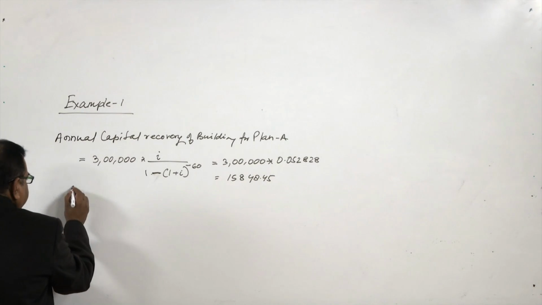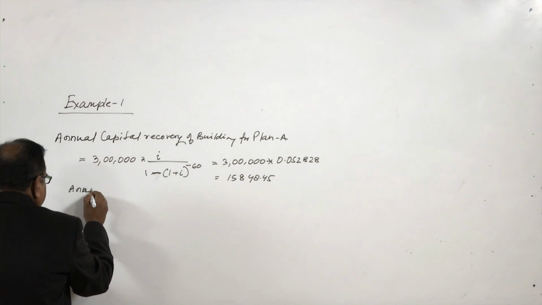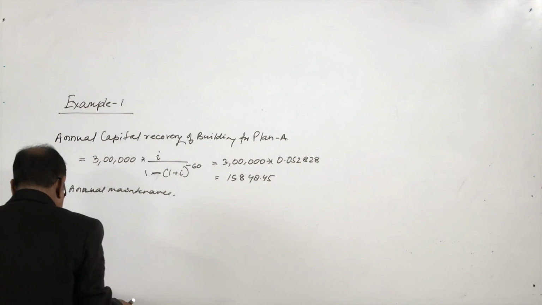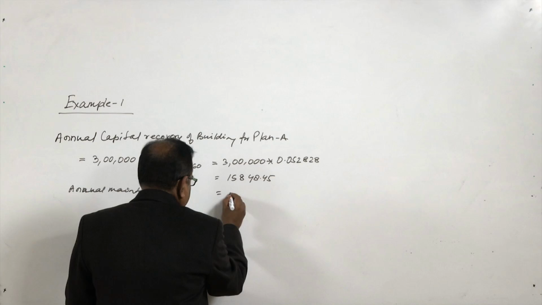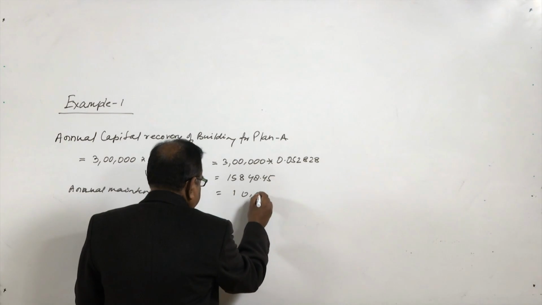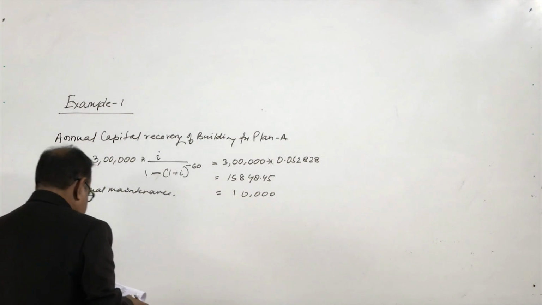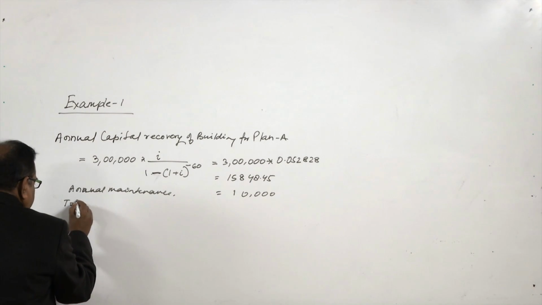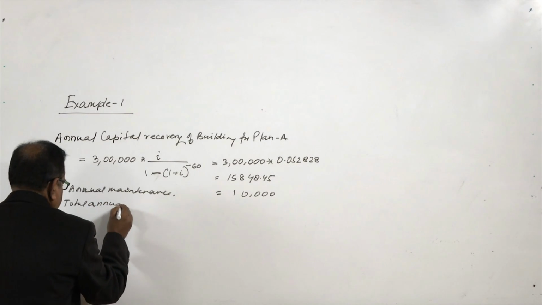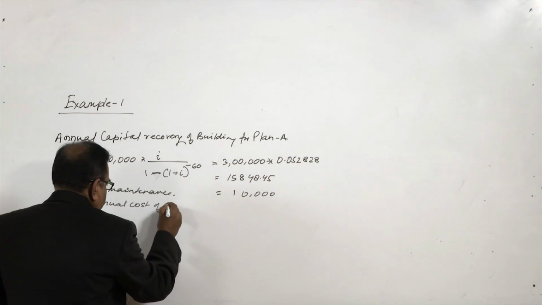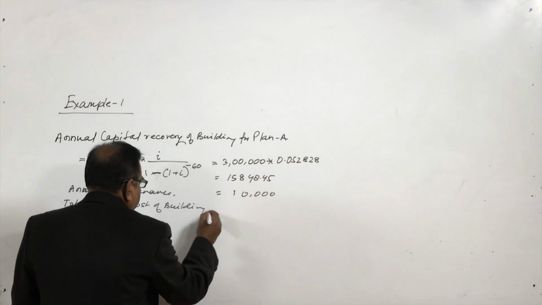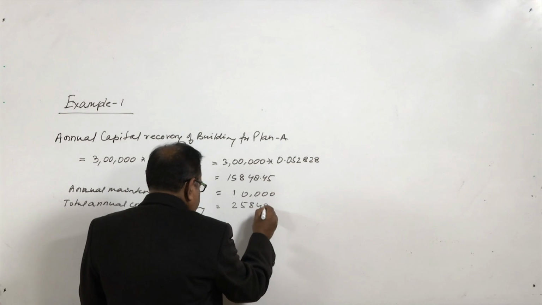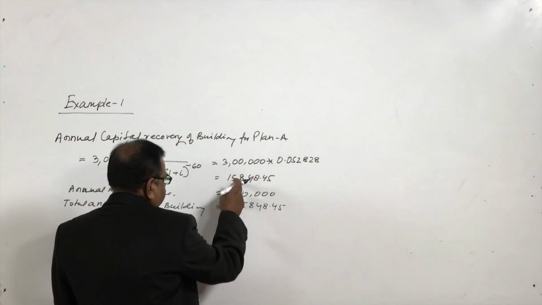Now, annual maintenance is 10,000. So, total annual cost of the building equal to this plus this is 25848.45.